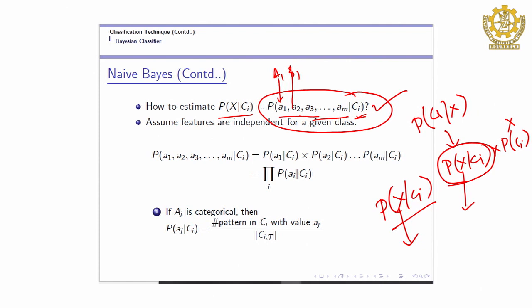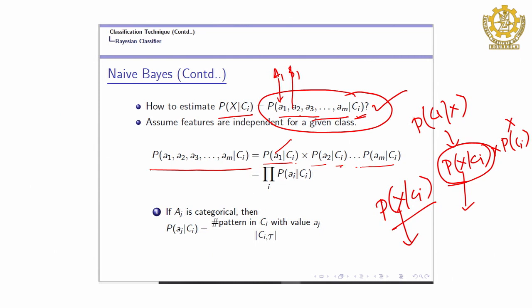We will see this elaborately next. So, now the problem is coming down here, as I said each feature is independent. Therefore, you can write probability of A1 given Ci, into probability of A2 given Ci, and so on, up to probability of Am given Ci. What is this A? A is the corresponding value, that is the feature of the unseen object.